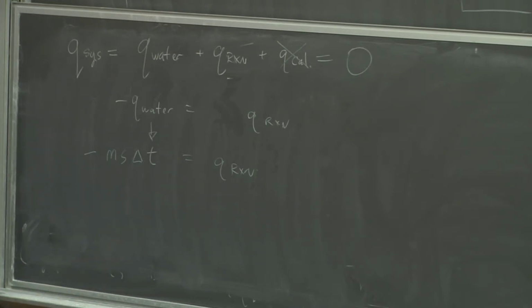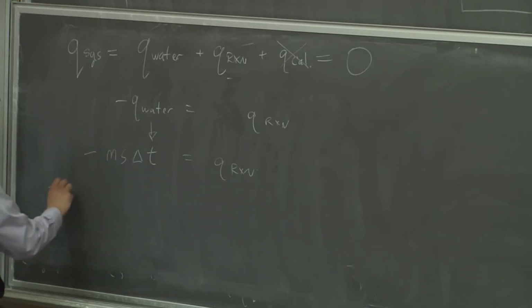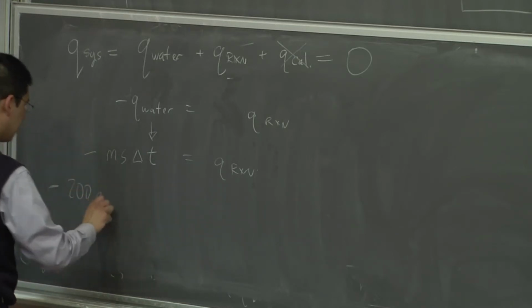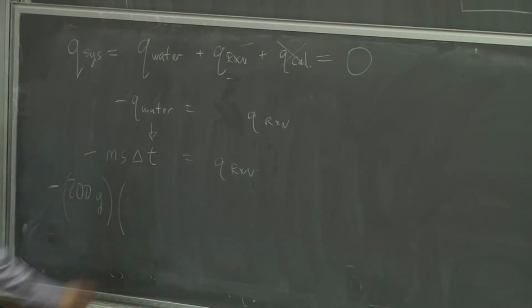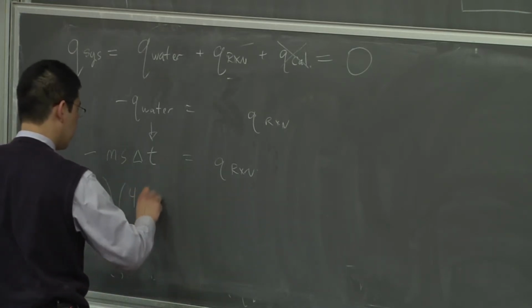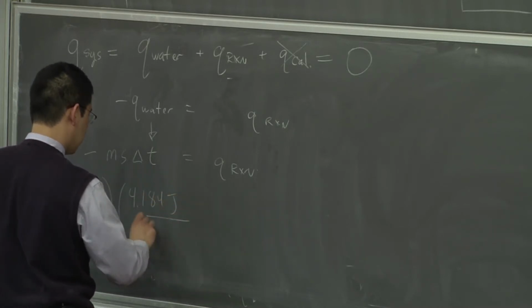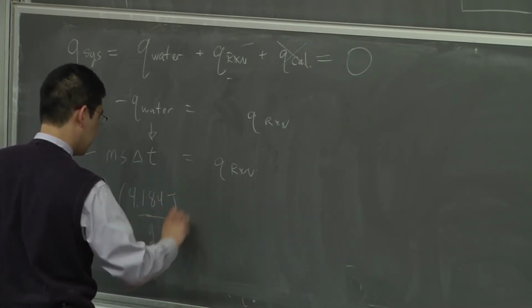Okay, so what's M? 200. 200 grams. What's S? 4.184 joules per gram degree Celsius.